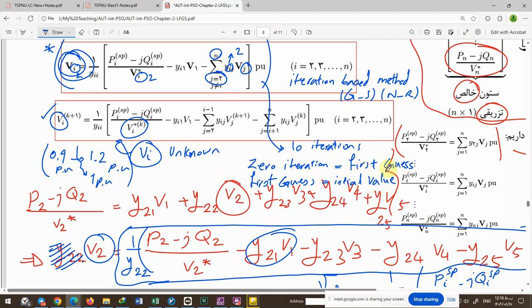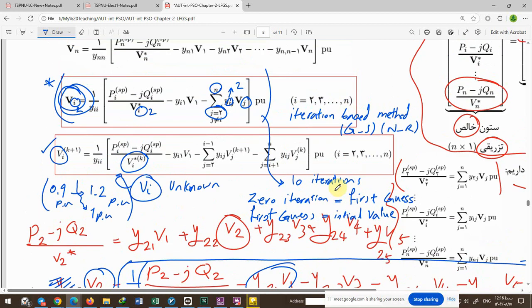After writing this equation, we have to replace the first iteration with the initial value. The initial value of all voltages is 1 per unit with an angle of 0.